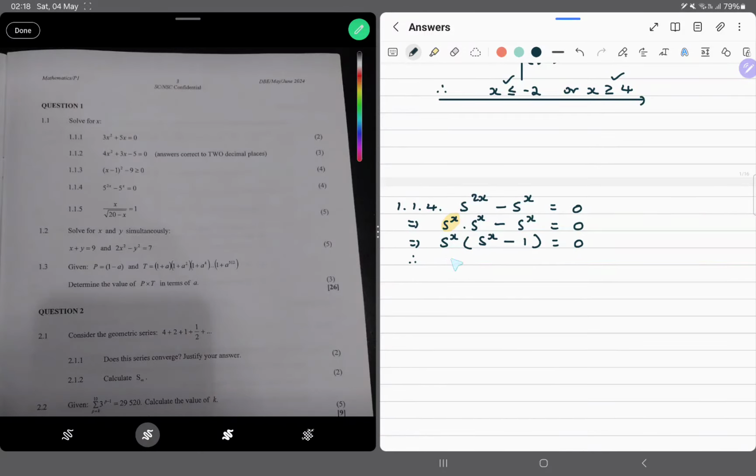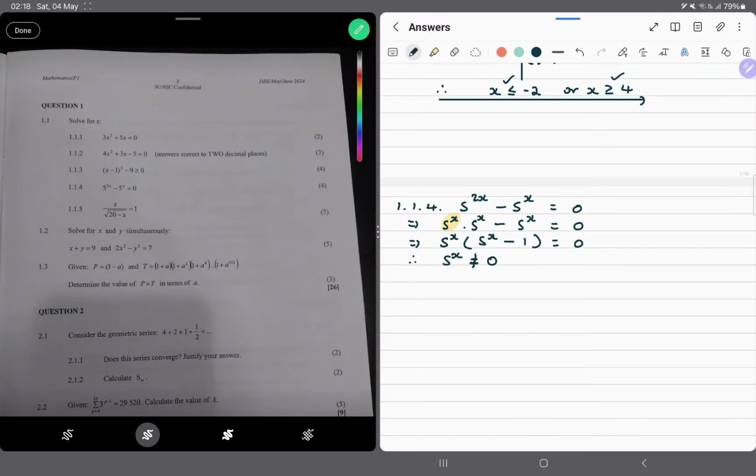Therefore, we know that here 5 to the exponent x is equal to 0. And we know there's no such thing. There is no power that is equal to 0. The power gets closer to 0, but it never reaches 0. So 0 is essentially a horizontal asymptote.